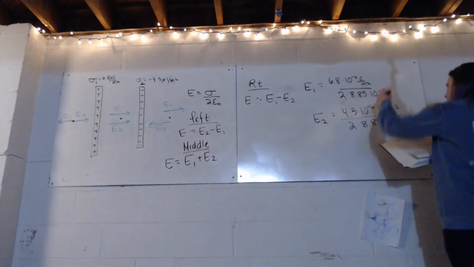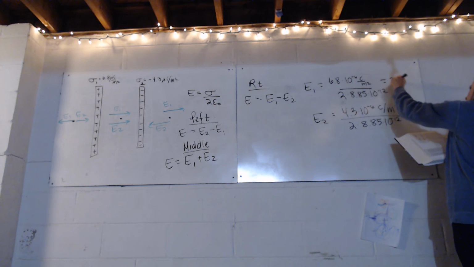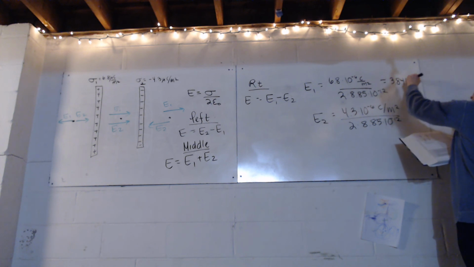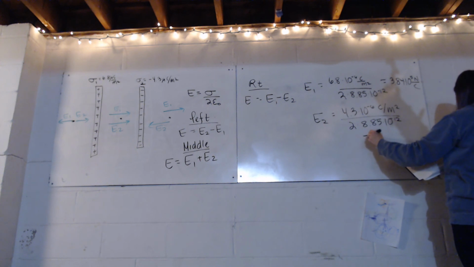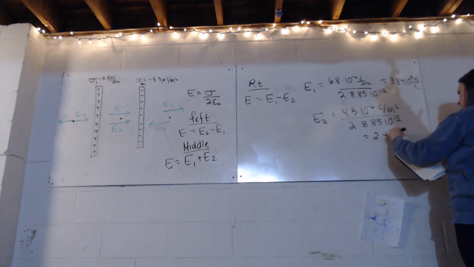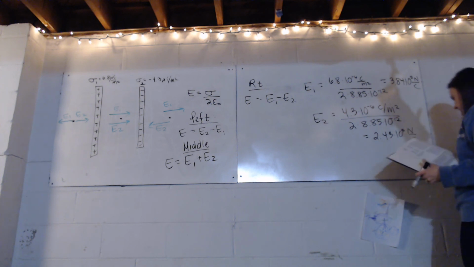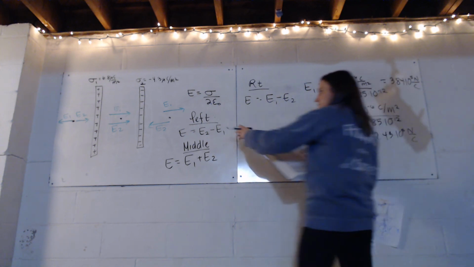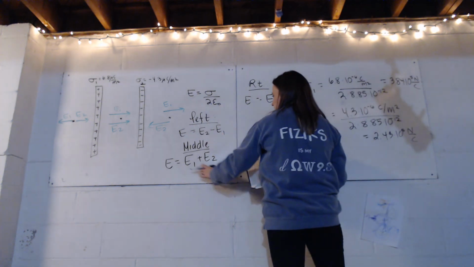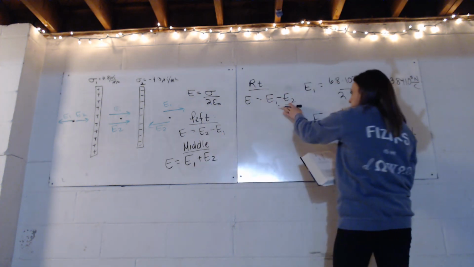From the positive one, this ends up being 3.84 times 10 to the 5th newtons per coulomb. And from the negative one, this ends up being 2.43 times 10 to the 5th newtons per coulomb. And then I can just go and add them, right? So here, E2 minus E1, E1 plus E2, E1 minus E2.